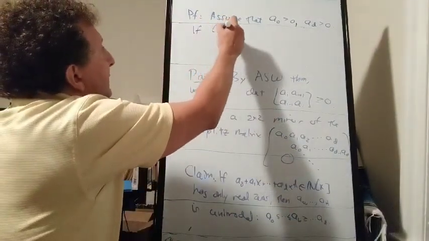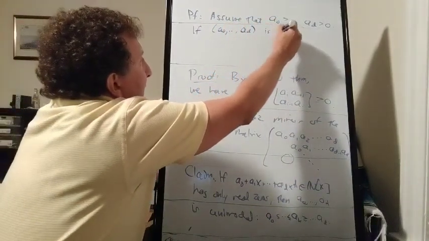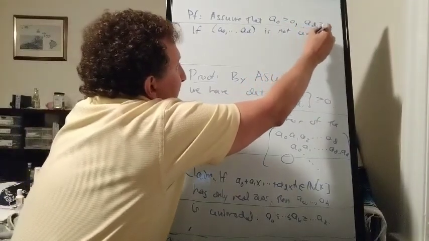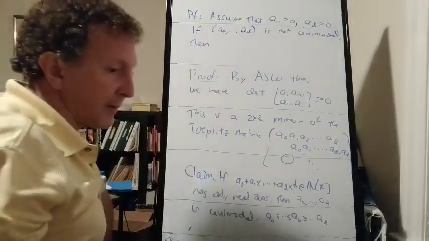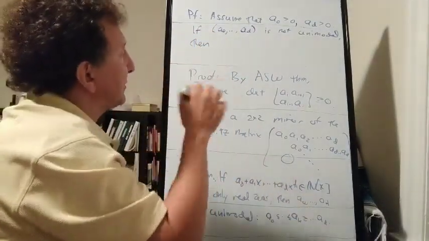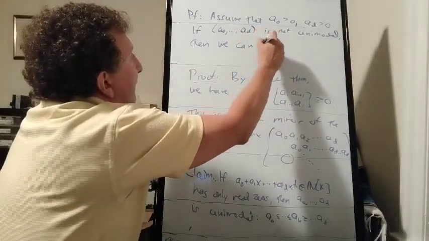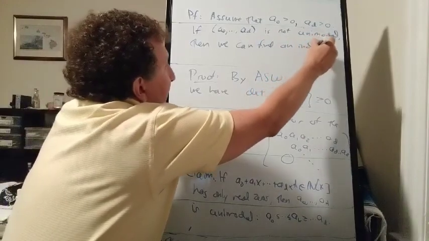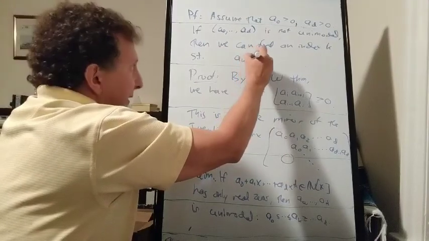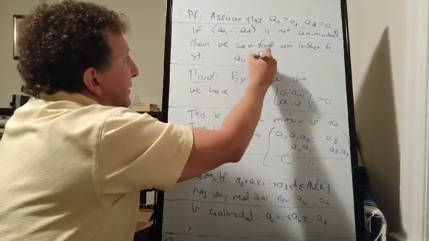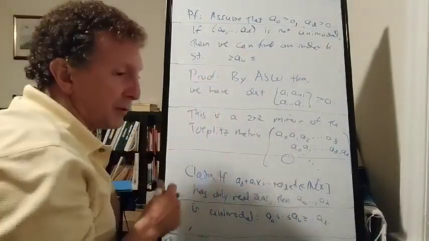Now if the sequence a0 through ad is not unimodal, then we've got at least two peaks, and we can find an index k such that ak is less than or equal to the two things around it.